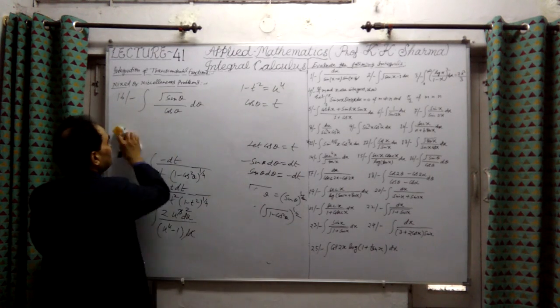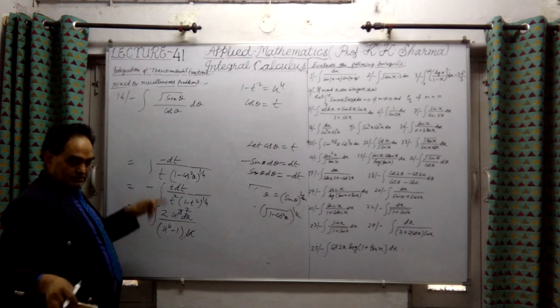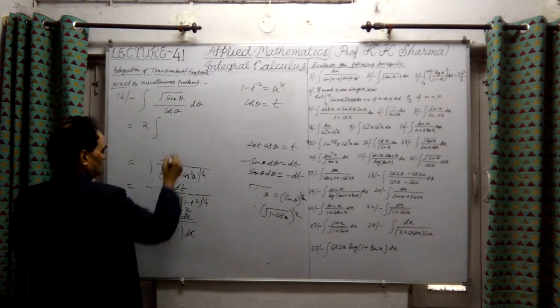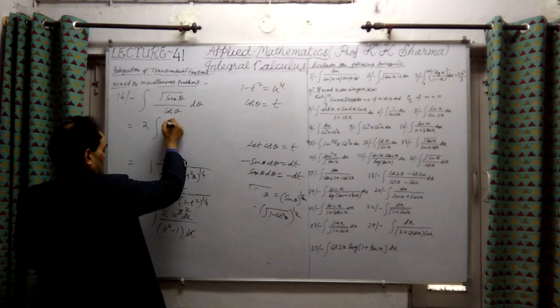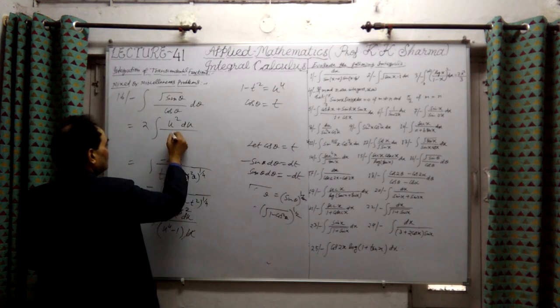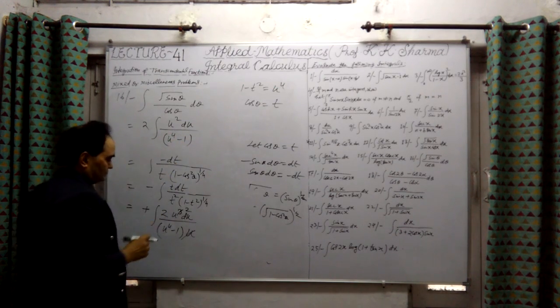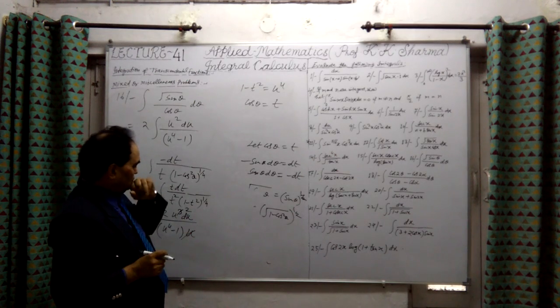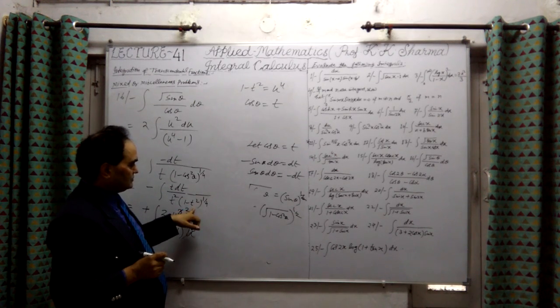So finally, what do we get? Let me write it there. This is nothing but 2 into u square du upon u^4 minus 1. So t square equal to u^4 minus 1.